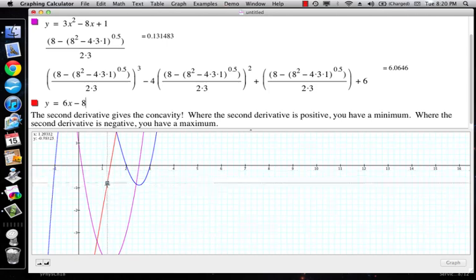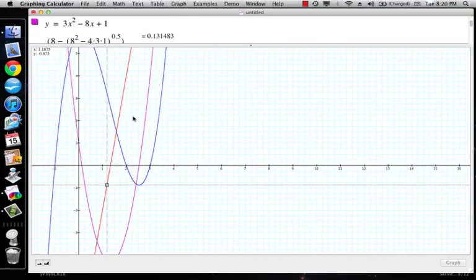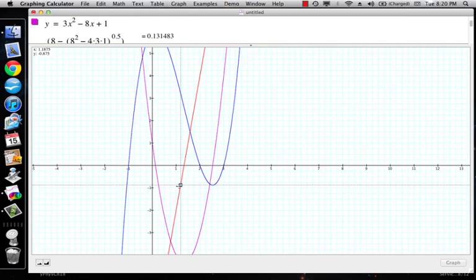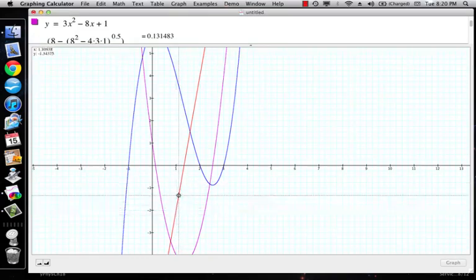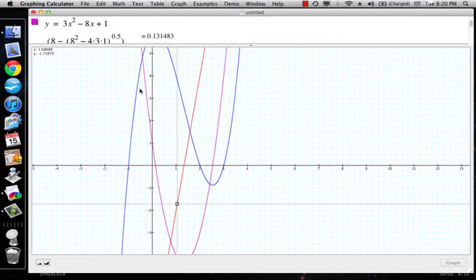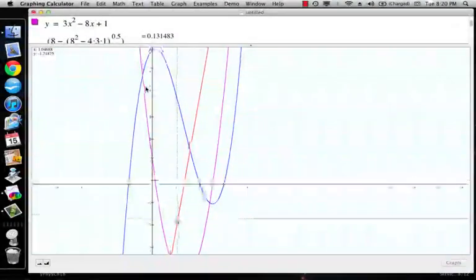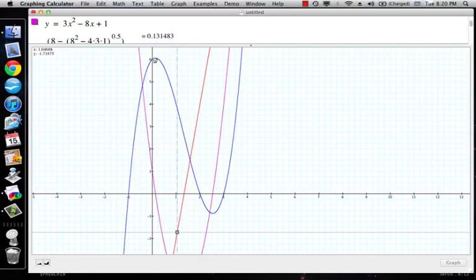In this region here, the second derivative is negative, which means that the curvature of the blue line is negative, which means that it's bending downward. So if it's bending downward, this point here has to be a maximum.